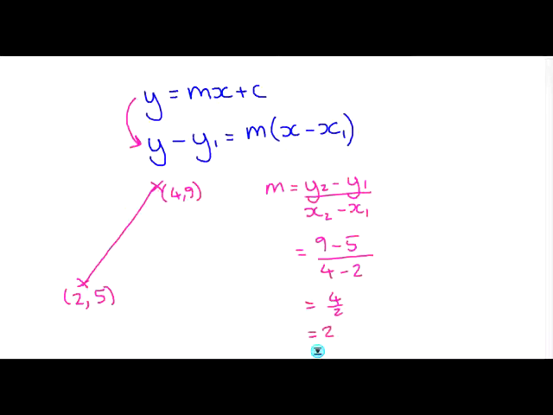Now, what about if we didn't tell you this? What happens if I said, well, we don't know what this coordinate is here? Now, if we think about what we called this one originally, we said that was x1 and that was y1. So now what we would have is m is equal to y2, but in the question they called it y, and take away y1.